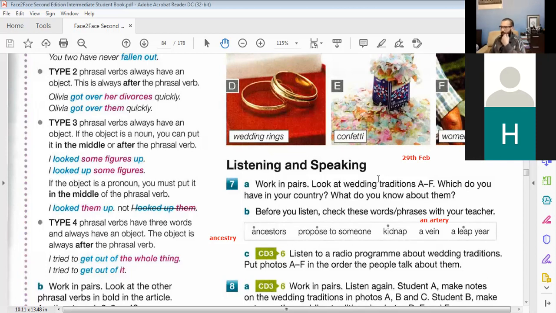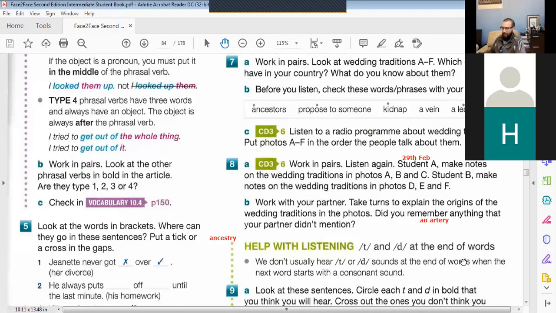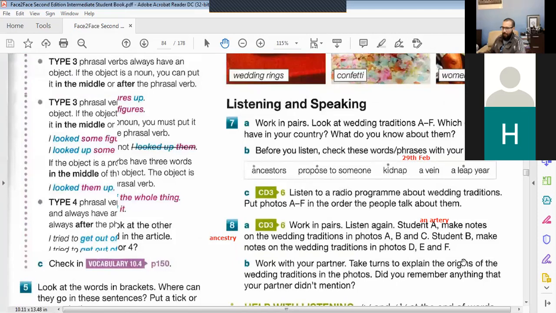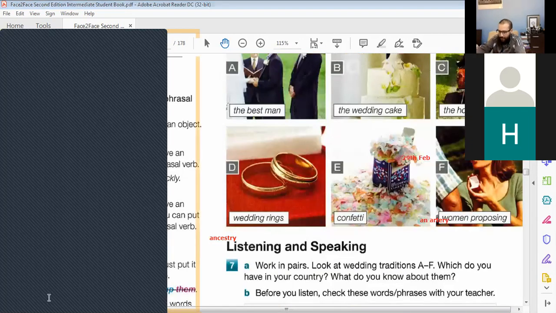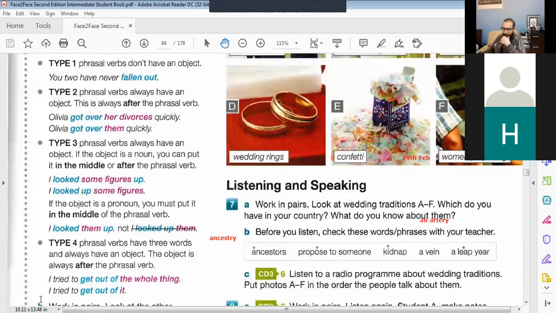Okay, so these are some of the words. Now let's listen to the radio program. And after that, let's try to put these traditions in the same order that they talk about them. So let's do it. So this is track 6.